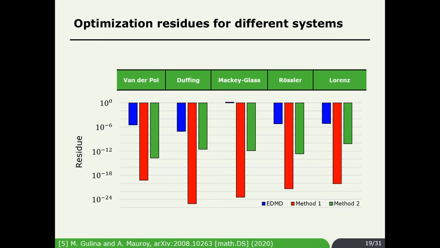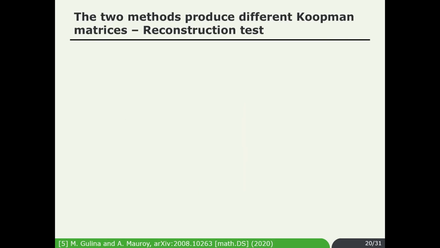In all cases, the proposed methods outperform the EDMD method used with Gaussian radial basis functions. In particular, this is the case for the Mackey-Glass system, which is a delayed one.